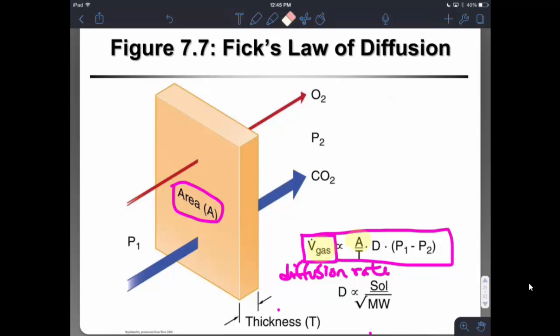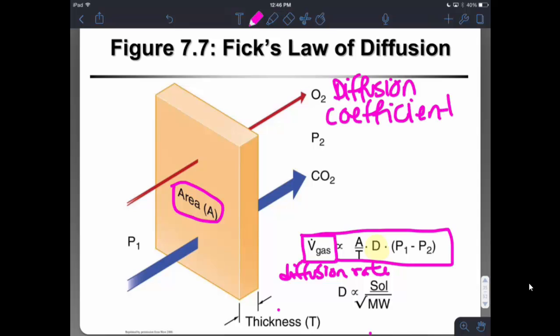Alright, the second one that we're going to talk about is something called the diffusion coefficient. D stands for diffusion coefficient, and this is a constant based on the gas.